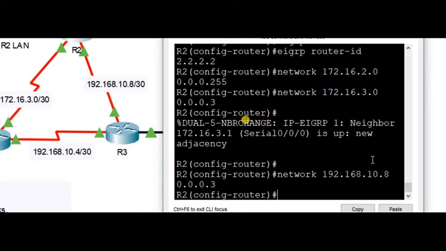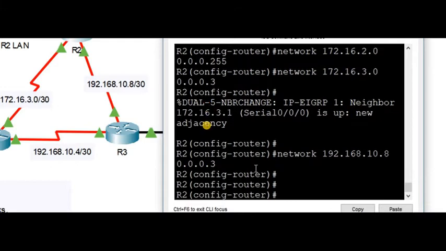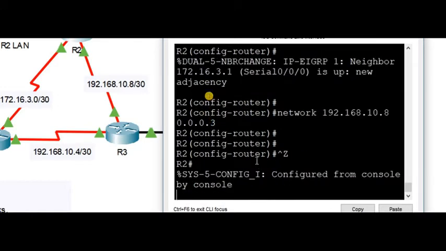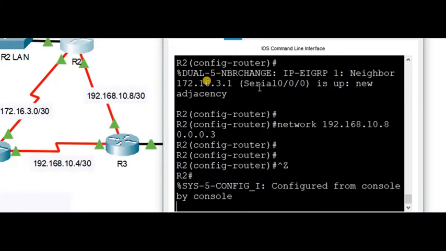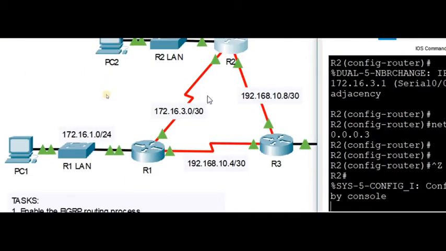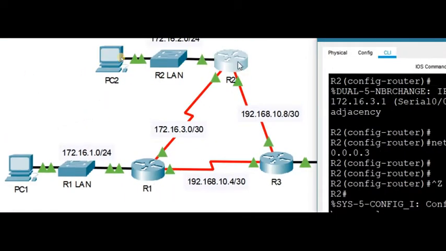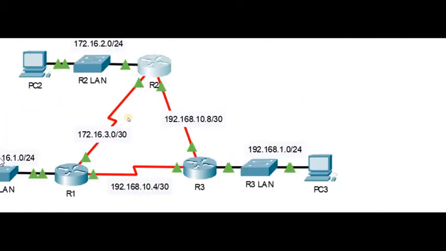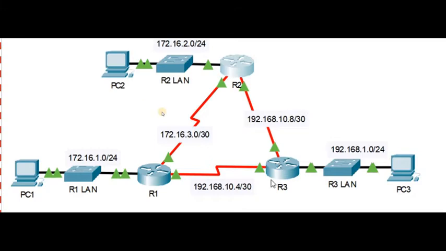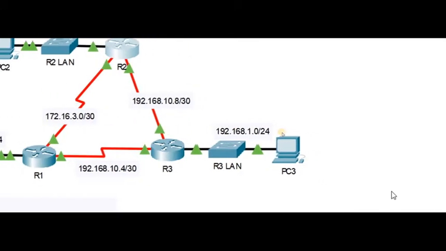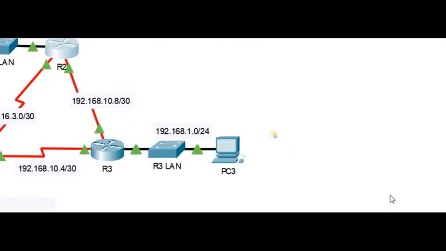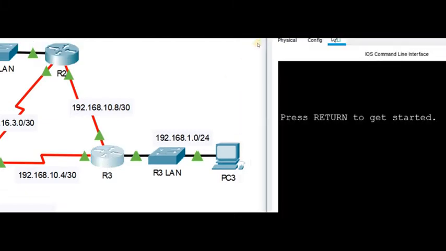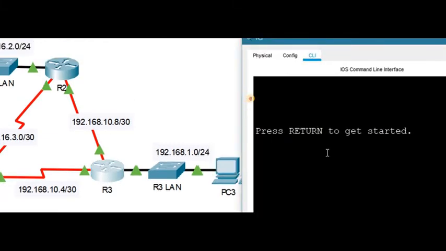Enter. Okay, so we have these three declared networks on R2. So we're done with R1, we're done with R2. The last router that we're going to configure is R3, the last router that needs setup for EIGRP. Let's proceed with that right now.